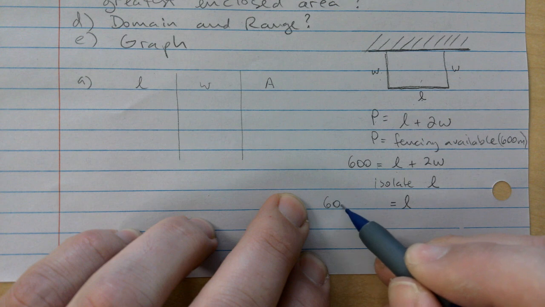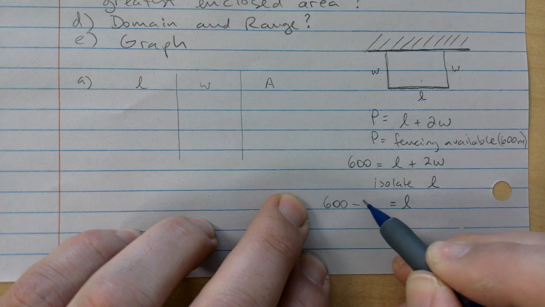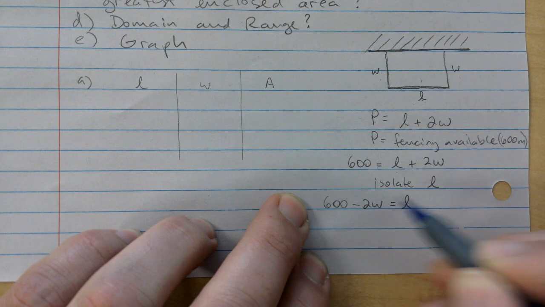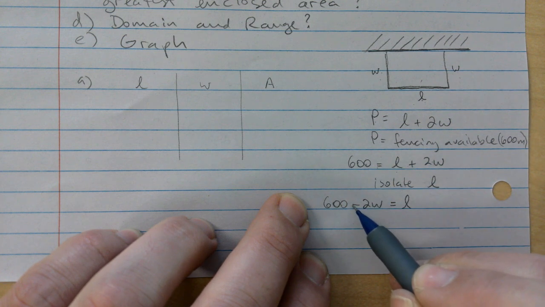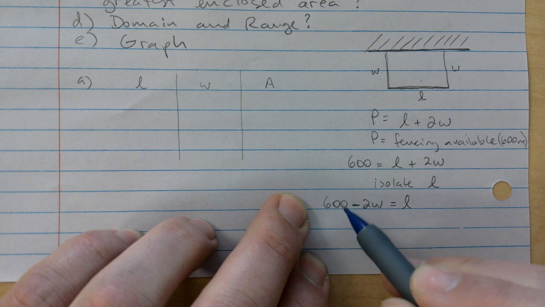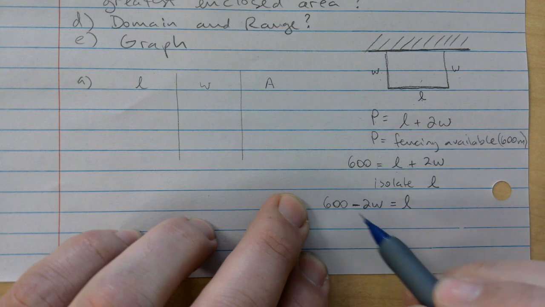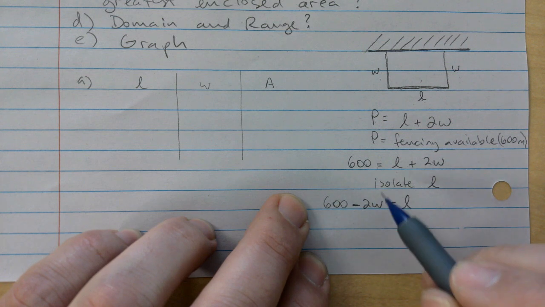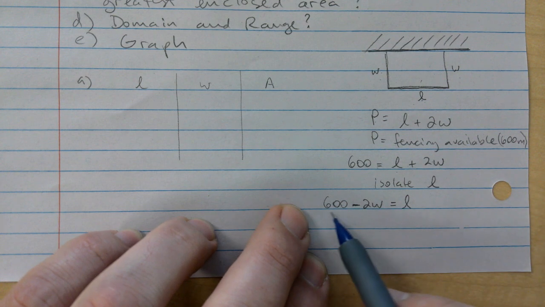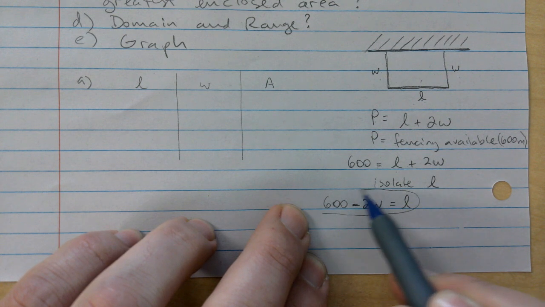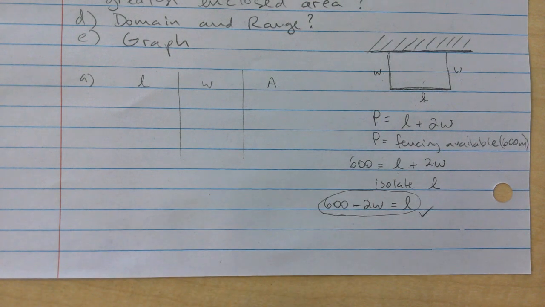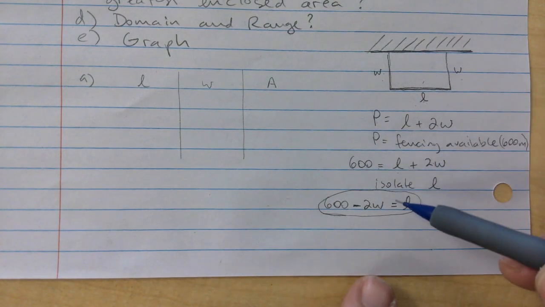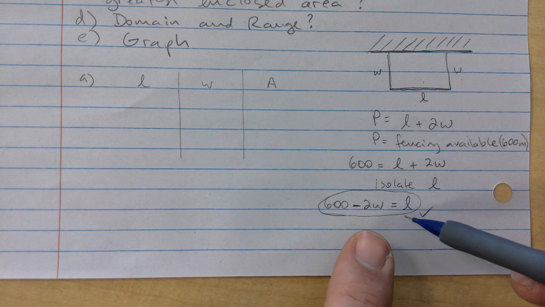So I have 600 subtract 2 times width. Because if you bring this whole expression over to the other side of the equation, it changes signs. And this is what you're after now. So that's the expression we're after. Right? I would give you probably a mark for this whole step here.